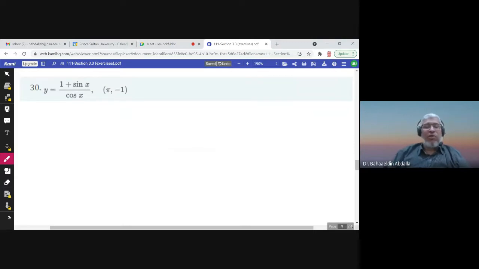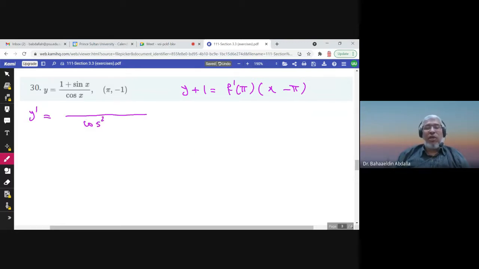Another question. So y minus 1 would be plus 1 equals f prime of pi, or y prime at pi, times x minus pi. So I need to find y prime, and I have to use the quotient rule. So here I have cosine square x. The derivative of 1 is 0.